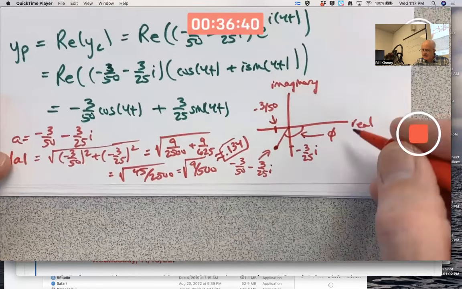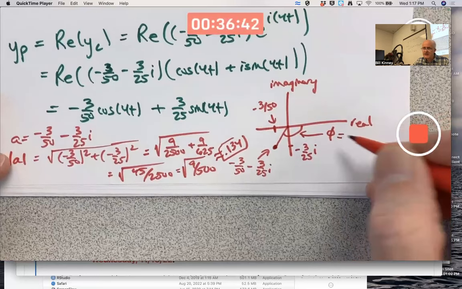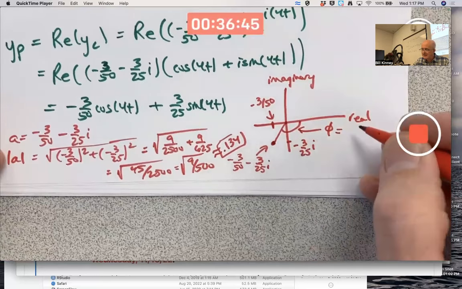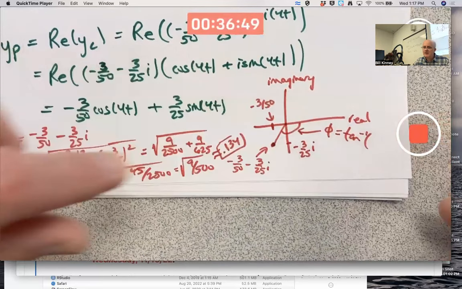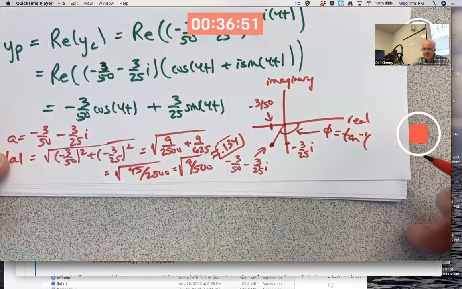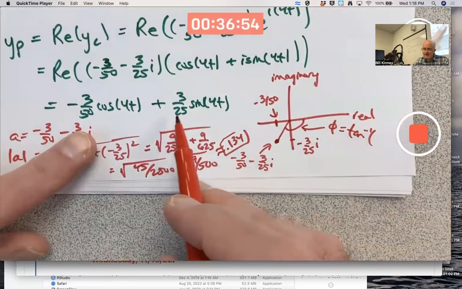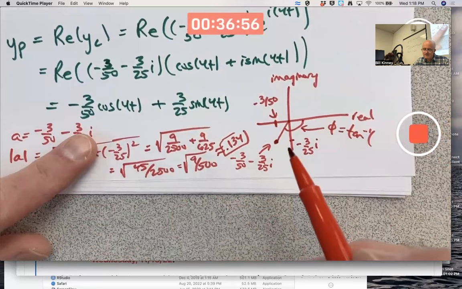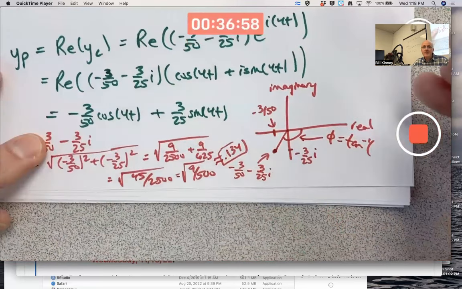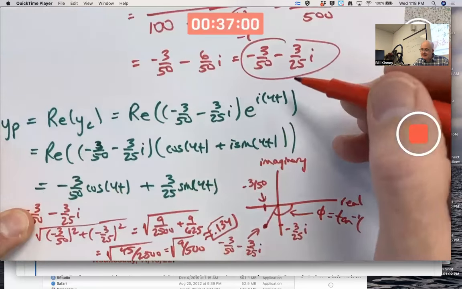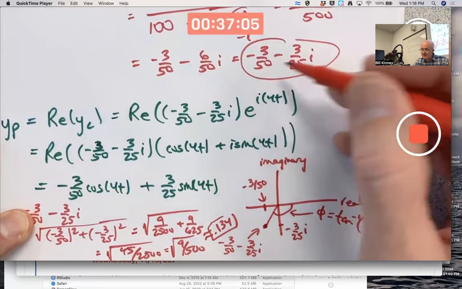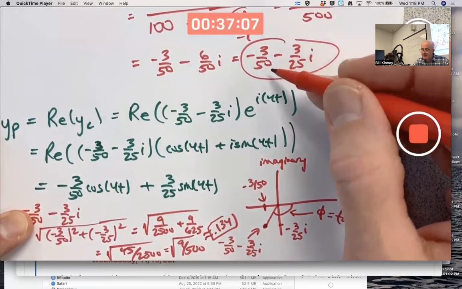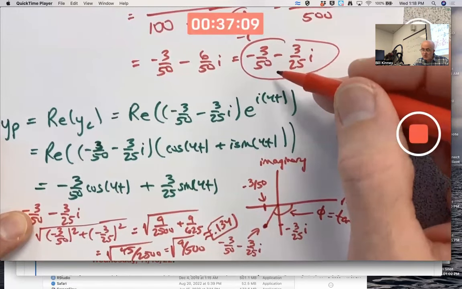And what does this angle equal? It's a little tricky because the point is in the third quadrant. You could use the inverse tangent function. The inverse tangent of essentially this number divided by this number. Negative 3/25 divided by negative 3/50 is positive 2.